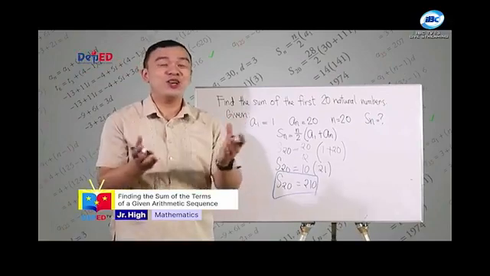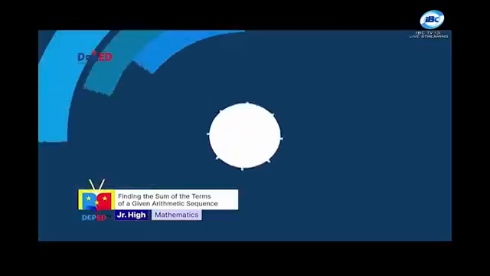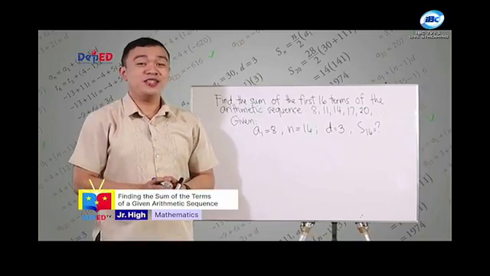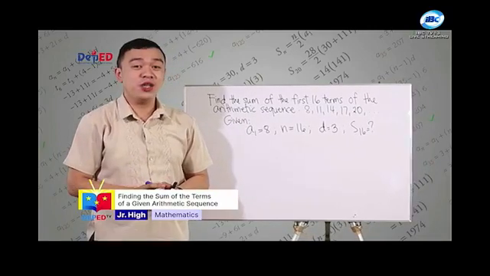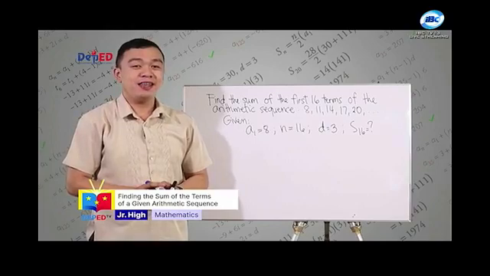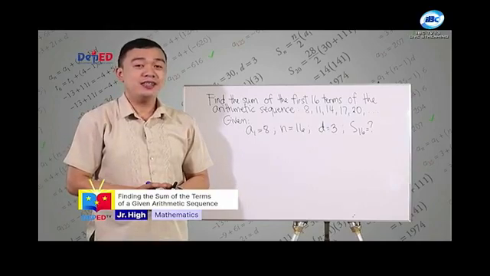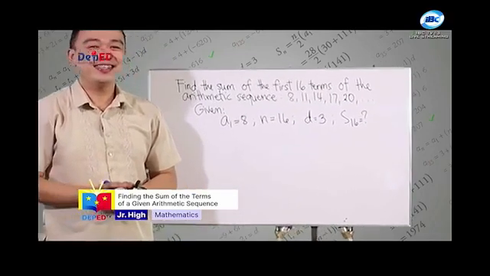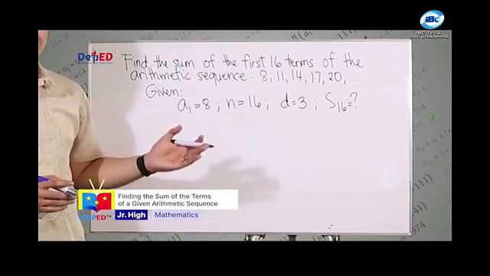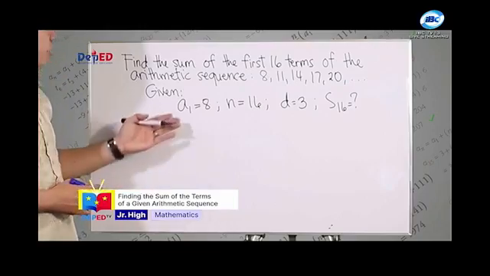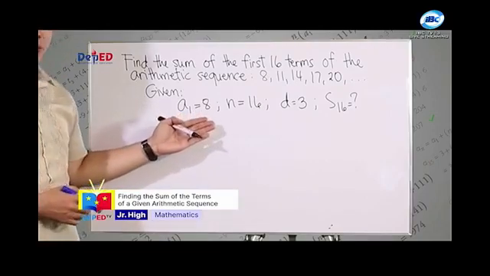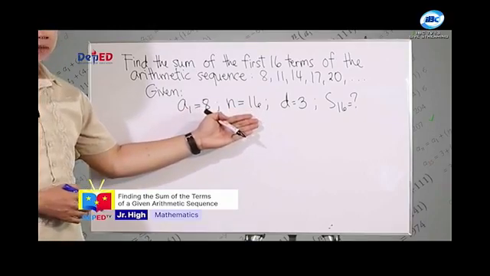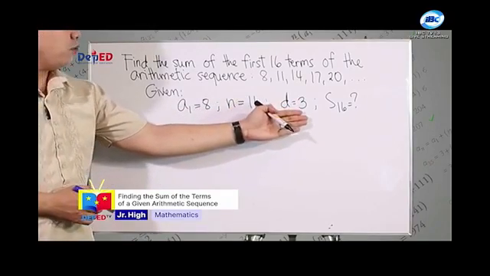Now, let's go to the next example. Find the sum of the first 16 terms of the arithmetic sequence 8, 11, 14, 17, 20, and so on. Notice that in this sequence, the given are a sub 1, which is equal to 8, our n is equal to 16, and the difference is 3.